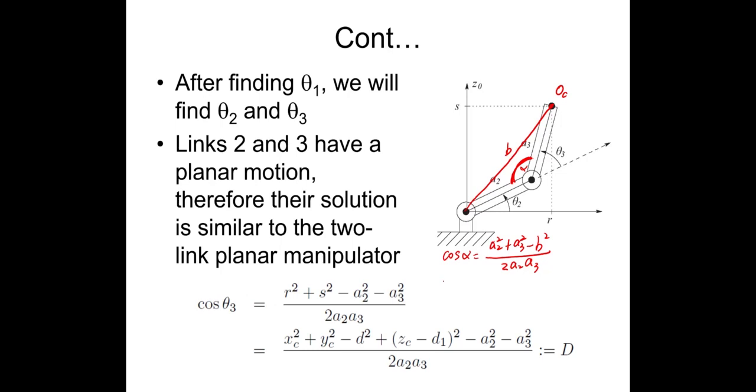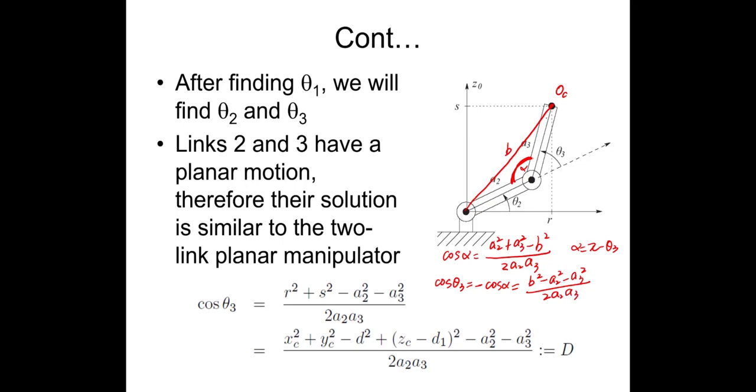Then cosine theta 3, because alpha equals pi minus theta 3, equals cosine of pi minus alpha, so that is negative cosine alpha. So this equals B square minus A2 square minus A3 square over 2 times A2 A3.